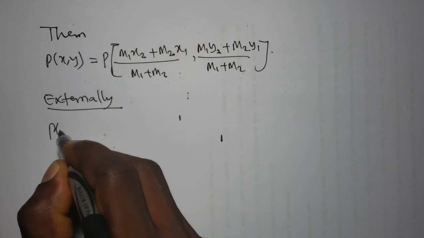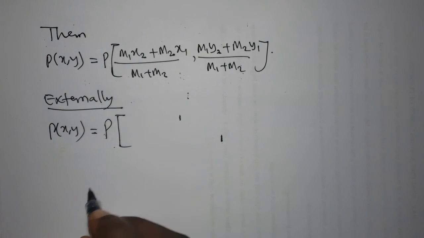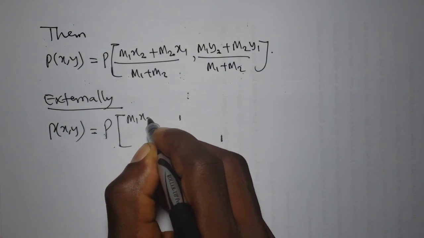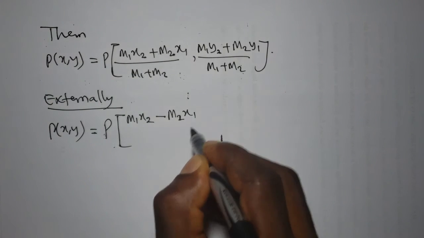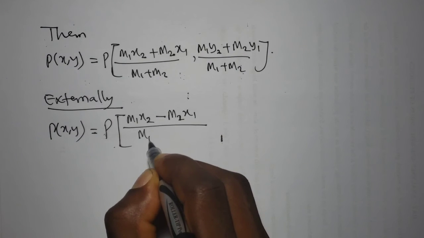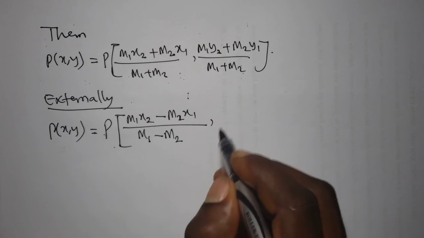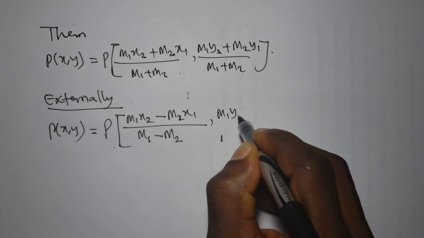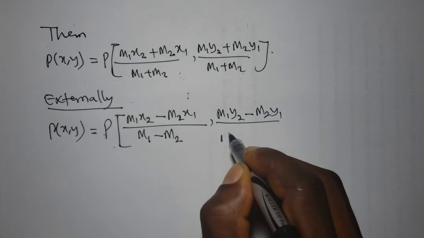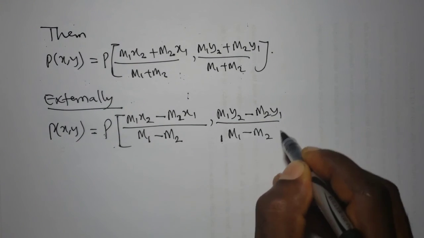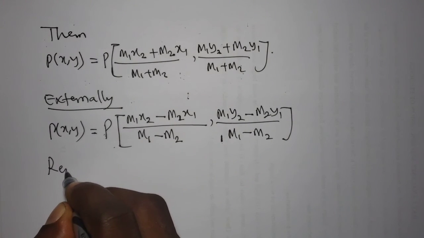Then we'll have that P, x, y is P into m1 x2 minus, instead of plus, now you have minus m2 x1 over m1 minus m2 for the x coordinate. And for the y coordinate, we have m1 y2 minus m2 y1 over m1 minus m2. We must now make an important remark.